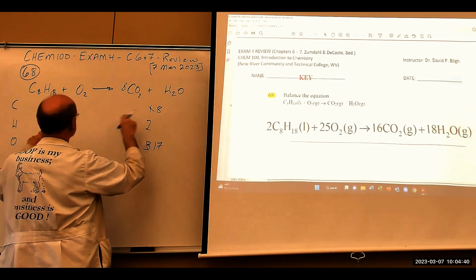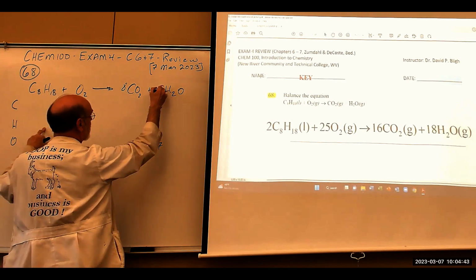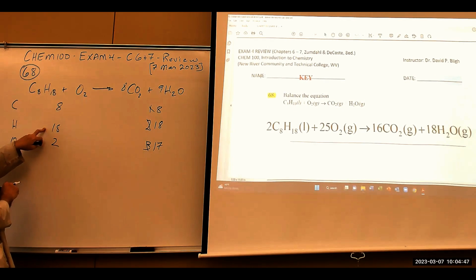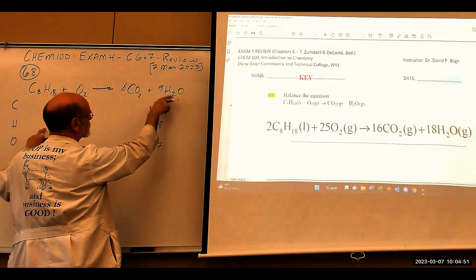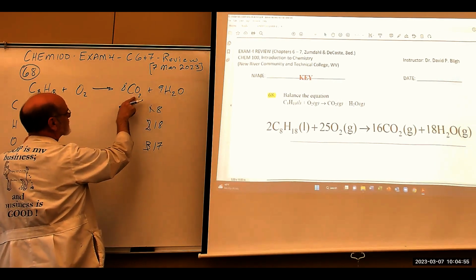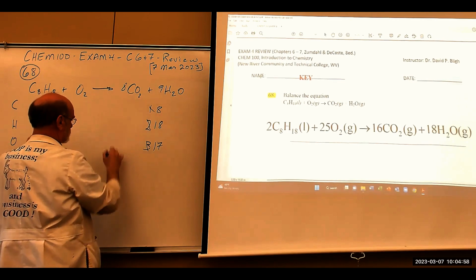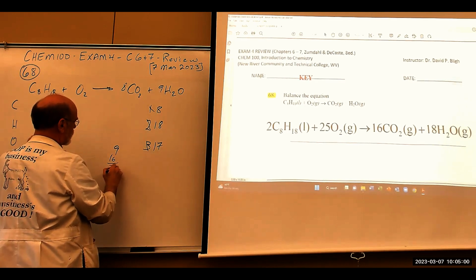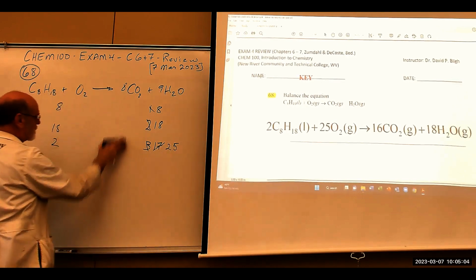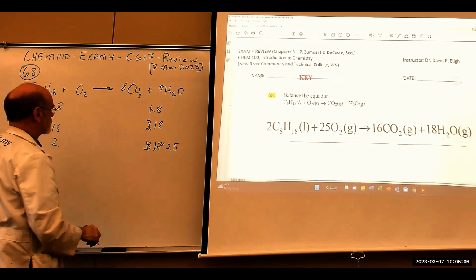So they only occur in one place. So 9 here would give us 18 hydrogens. That's good. But it also gives us 9 plus 16 is 25 oxygens.